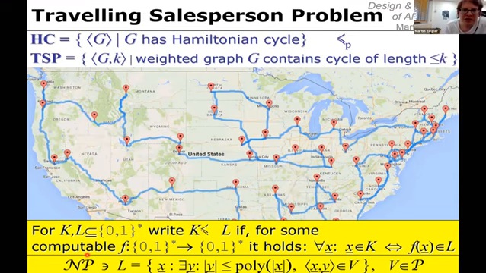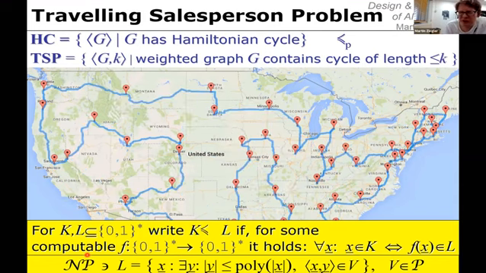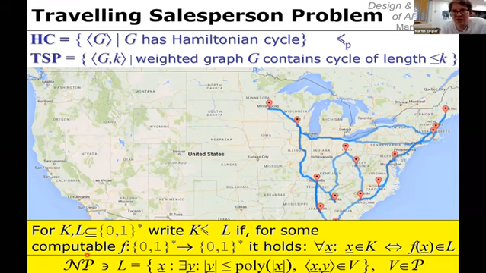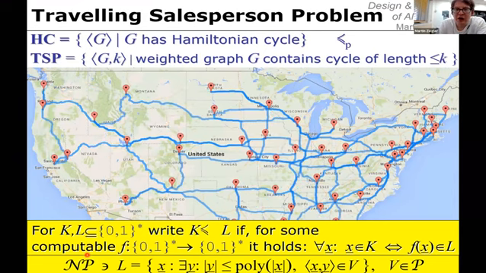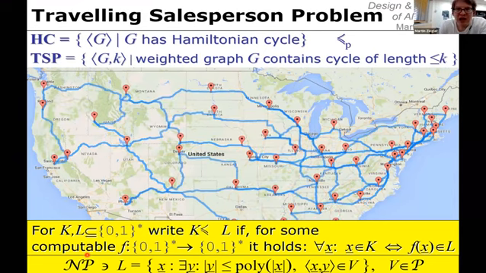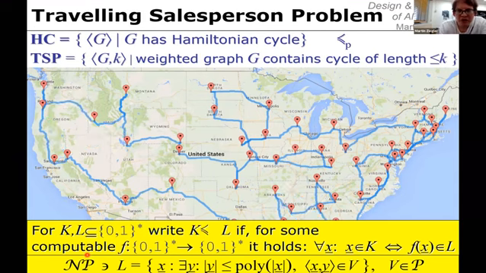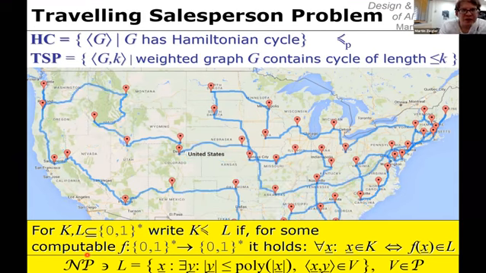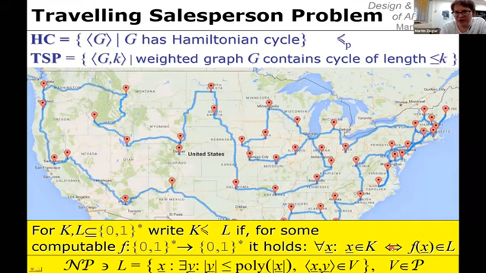So whenever the original graph had a Hamiltonian cycle, which means visiting all vertices, the total number of edges in this cycle is of course n, since the total number of vertices in this graph is n. So when there is a Hamiltonian cycle, there exists a tour of length at most n, and in our translation that gives rise to a tour of length at most n, because we've assigned 1 to all the edges that were present in the original graph. That proves one direction of this equivalence.